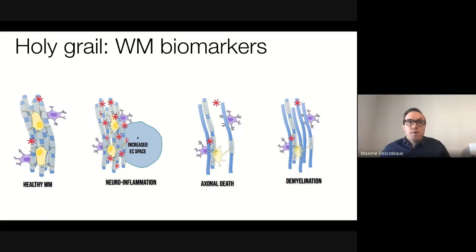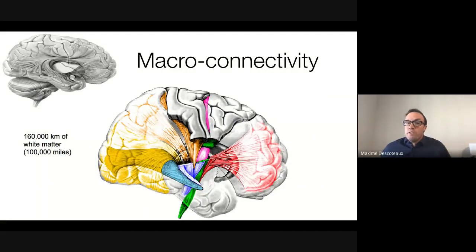So this is the holy grail, and we'd like to do this non-invasively with MRI-based measurements. The other thing to keep in mind about white matter is that there's also a macroscopic organization. Axons tend to organize in tracks or fascicle bundles, which I will use in this talk. These tracks make long-range connections between different areas of the brain. So it's really important, if we want to assess white matter properly, to have both macro and micro.